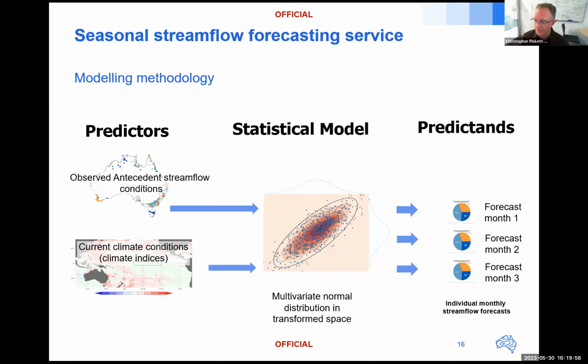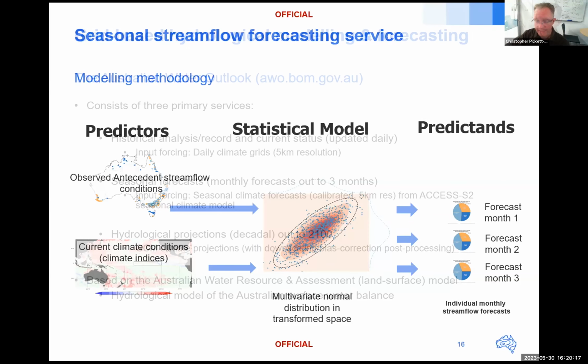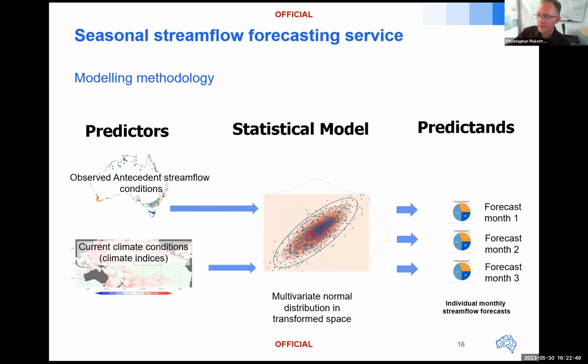And climate indices are also used, and these generate a probabilistic forecast out to 3 months. So this is not a physically based hydrological model like GR4J would be, an analogous model you might use in this context. So those are the point-based forecasting services that I've described.